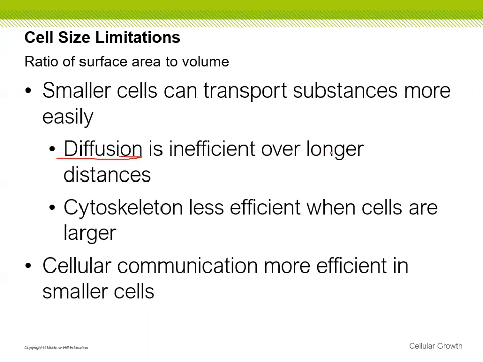The bigger the cell, the more inefficient that becomes. As well, those skeletons that some cells have, those cell walls that some plants have, they're weaker the bigger you get. So generally speaking, smaller cells are more efficient. As a general rule of thumb, there are exceptions.